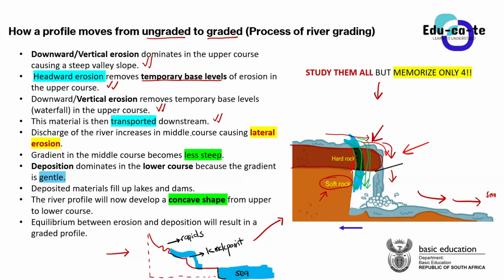Similarly here, the softer rock on the waterfall and the hard rock has been broken apart and eroded. Now it will be carried downstream by the river towards the sea, as long as the river has enough carrying capacity, as long as the river has enough power or energy to carry this eroded material.